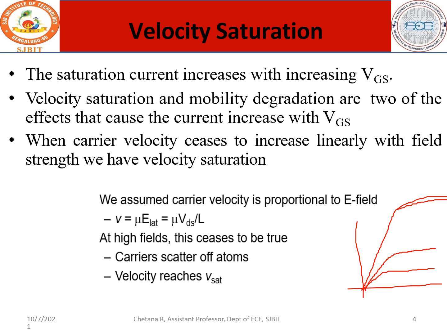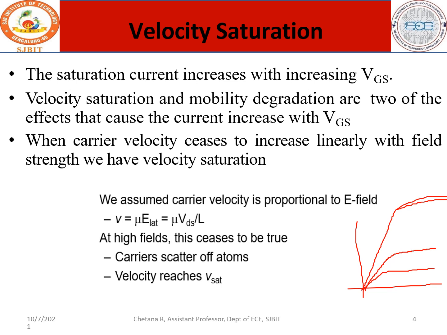Velocity saturation and mobility degradation are two of the effects that cause the current to increase with VGS. So why is this so? The reason for this is two parameters called velocity saturation and mobility degradation. Let us now understand what velocity saturation is and what mobility degradation is.